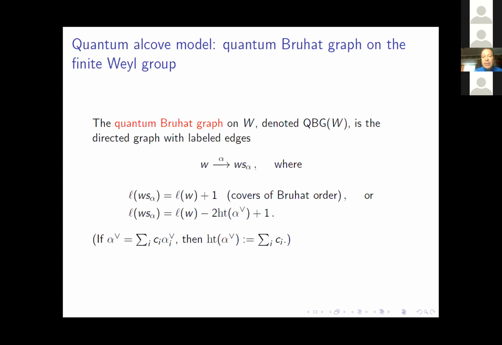These are just the covers of the usual Bruhat order, or the length decreases by a lot, and a lot just means the maximum possible, which is twice the height of the coroot alpha minus 1. So the height is just obtained by expressing the coroot in the basis of simple coroots and summing up the coefficients.